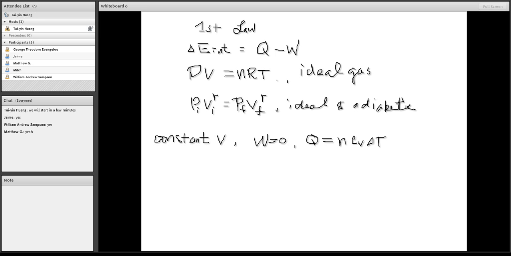and likewise, if you apply the first law of thermodynamics, you'll find that that's also equal to the change in internal energy, right? When you look at the first law of thermodynamics. Okay, so this is the constant volume process. Now we have a constant pressure process.